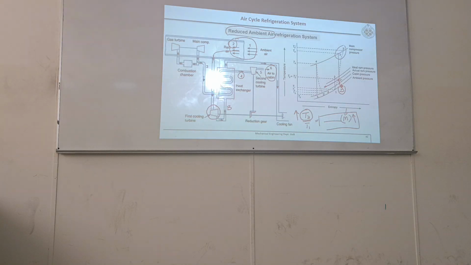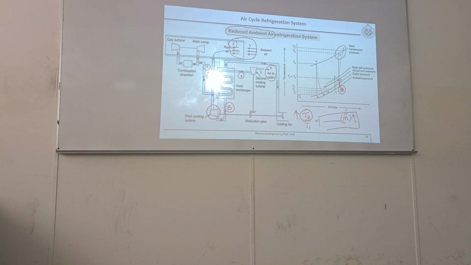Clear? 2 to B, isentropic expansion in a turbine. Now between 3 dash and B, there is a heat exchange between 3 and B. The actual point is 3 dash. There is a heat exchange, and the temperature of this 3 drops.